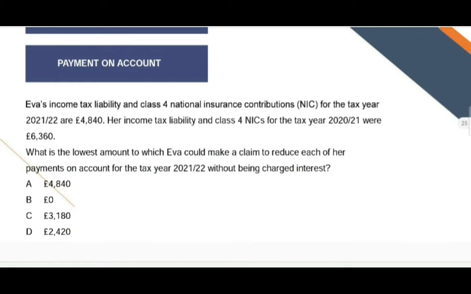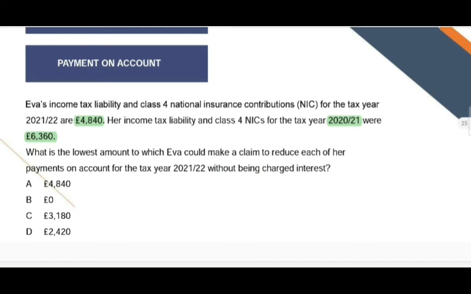Eva's income tax liability and class 4 NIC contribution for the tax year 21-22 are 4,840. Her income tax liability and class 4 for the tax year 2021 were 6,360. So in that case, the previous year's tax liability is greater than the current year tax liability.